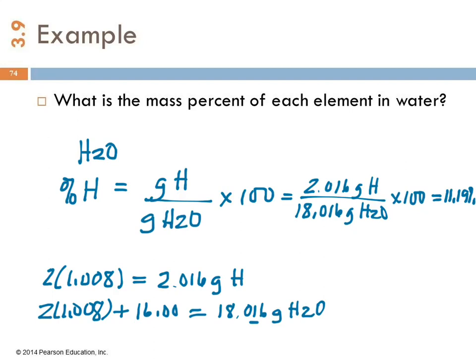What's the quickest way to find the percent of oxygen? Subtract it from 100. The individual percentages of all the elements have to add up to 100. So if we take 100 and subtract 11.19, we're going to get 88.81.